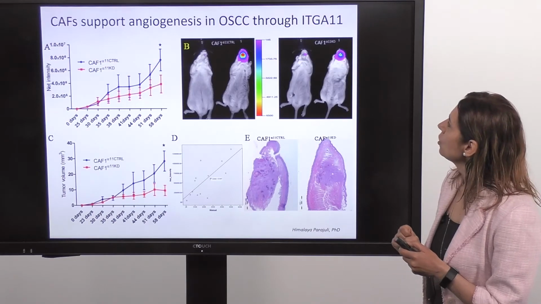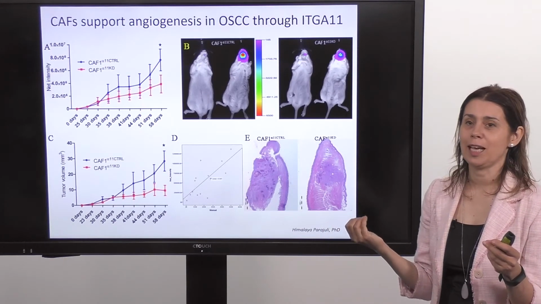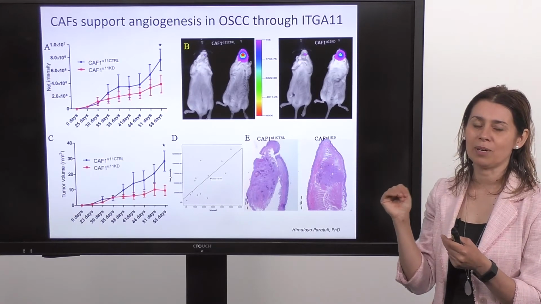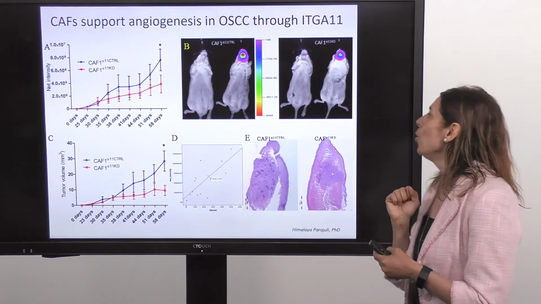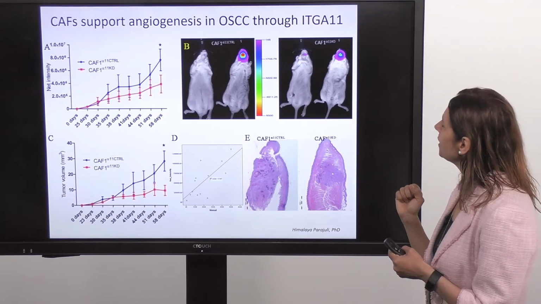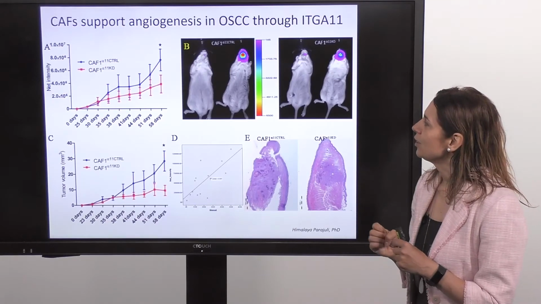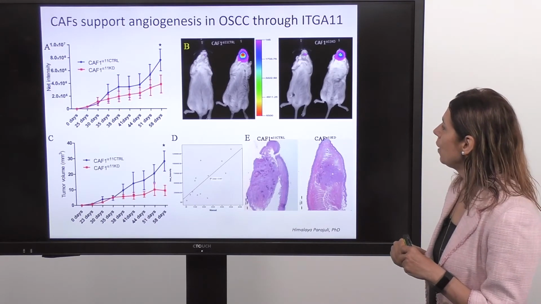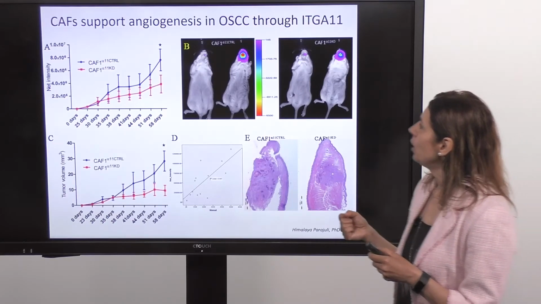And here we show, as I mentioned, since alpha-11 integrin came up on top of our genes upregulated in cancer-associated fibroblasts from our early transcriptomic study, we have focused and tried to understand the role of integrin alpha-11 in oral squamous cell carcinoma. And interestingly, we found out that yes, indeed, it has a role for tumor progression.